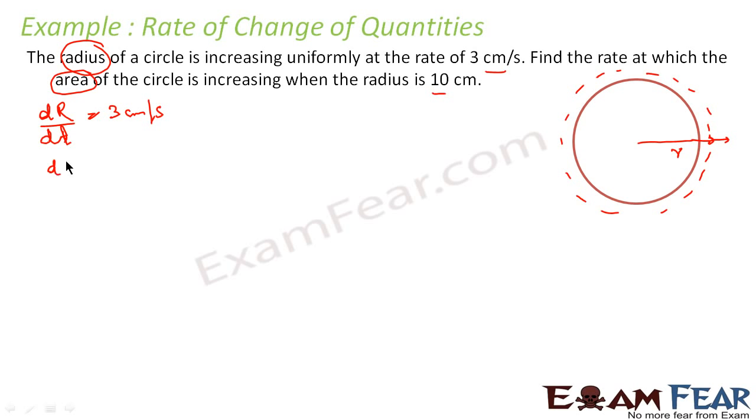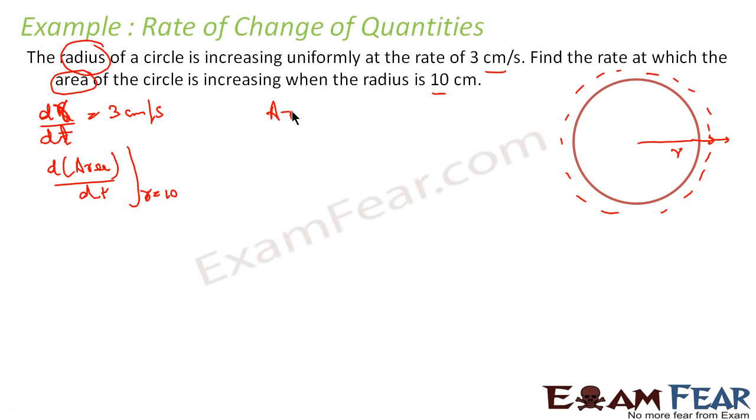We have to find the change of area of the circle with respect to time, where the radius is 10 centimeter. I'm taking small r everywhere. So dr by dt is 3 centimeter per second, and we have to find dA by dt. So let's try to do this.